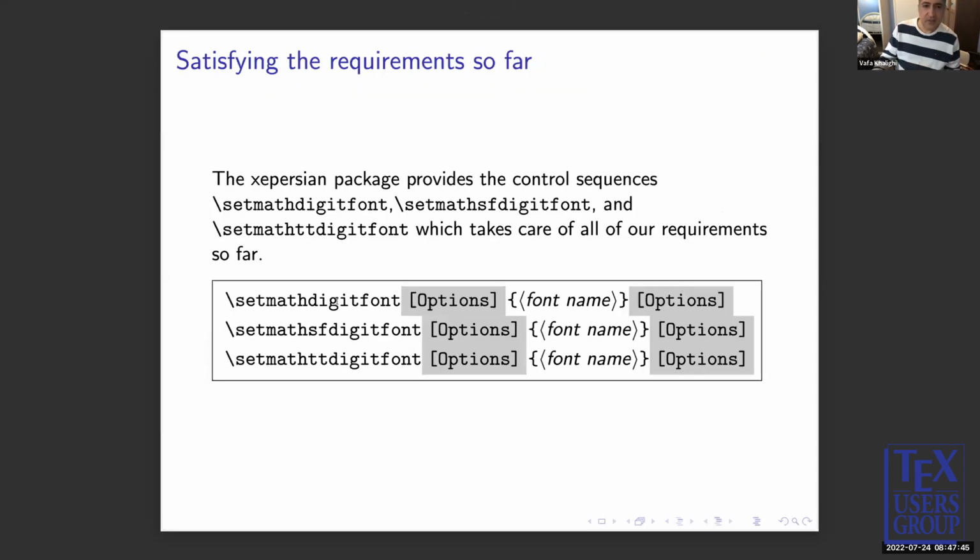With set math digit font, we set the main fonts for the numbers, the decimal separator and percent signs for MathBF, MathRM, MathIT, and the normal display and inline math mode. Set math SF digit font changes the font for MathSF, and set math TT digit font changes the font for the MathTT control sequence.